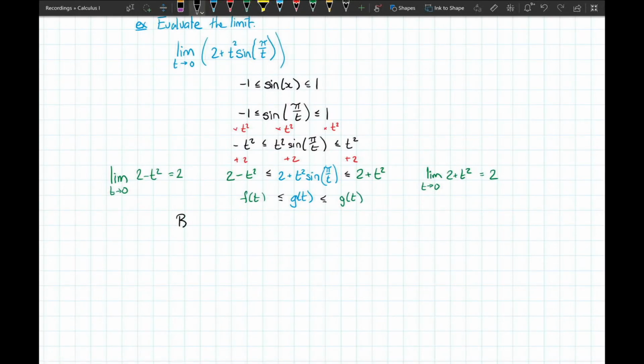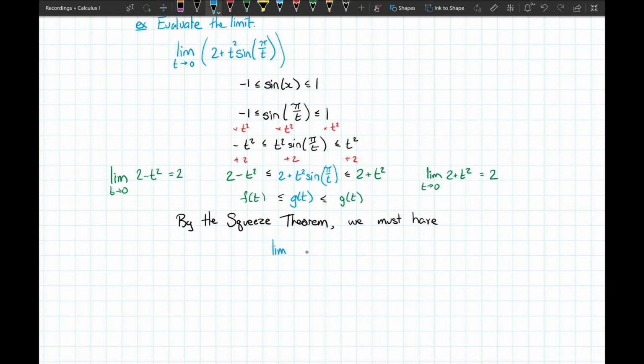Now, it is important to note that this theorem has a name, so we can refer to that as a reason for why we can produce this result. And we would say by the squeeze theorem, we have the result.